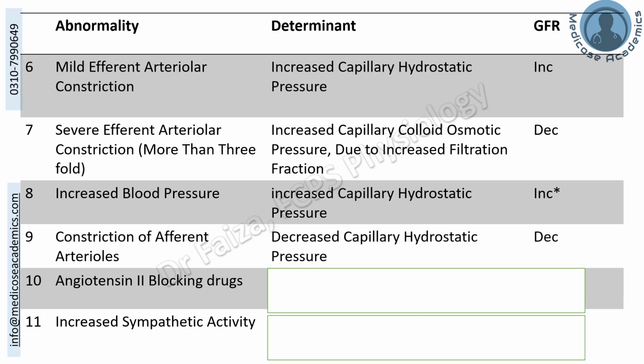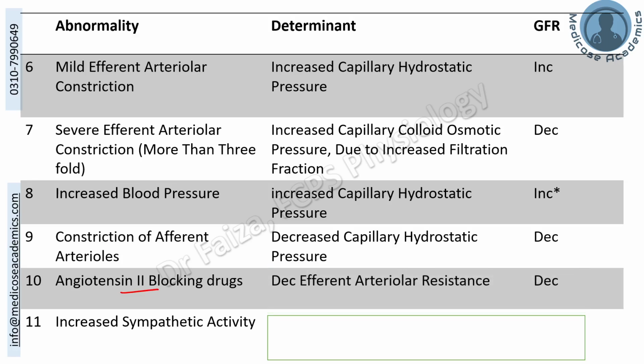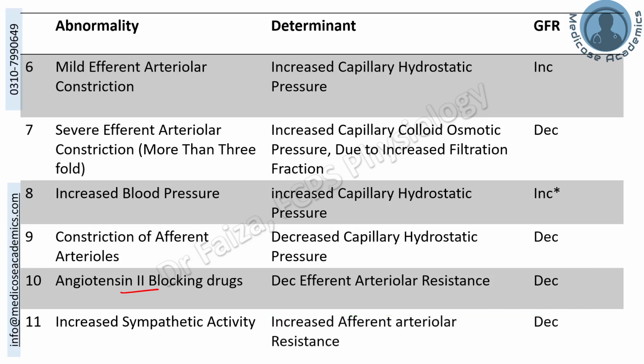Angiotensin 2 was supposed to bring about efferent arteriolar constriction. If we block this angiotensin 2, efferent arteriolar resistance will decrease, and so will the glomerular capillary hydrostatic pressure and GFR. Increased sympathetic activity will increase the afferent arteriolar resistance, which decreases the glomerular capillary hydrostatic pressure and the GFR.